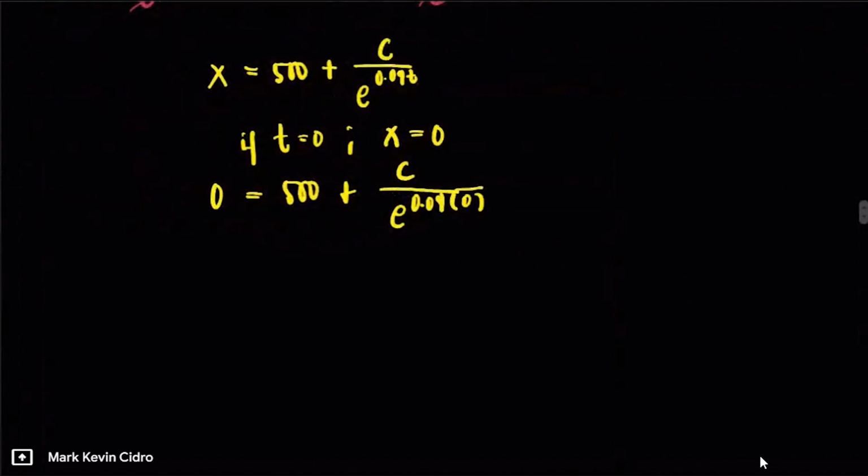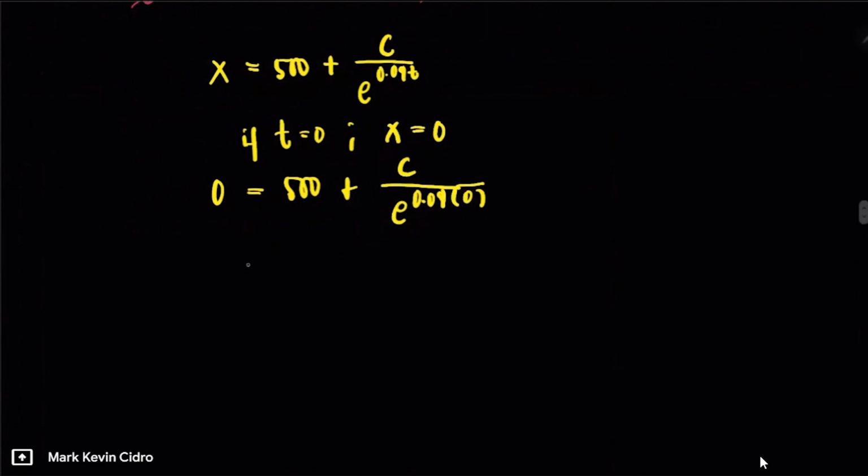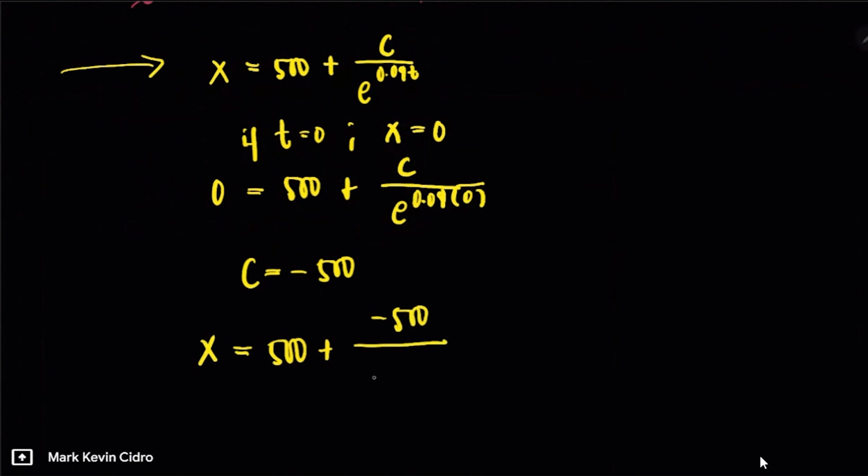Unfortunately, I cannot show how to solve it by hand; just use shift solve, solving for c. Your c is equal to negative 500. Going back to our original equation, your x is therefore equal to 500 plus negative 500 over e raised to 0.04t.